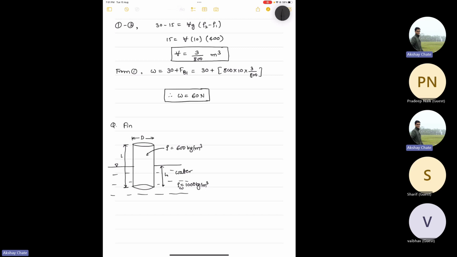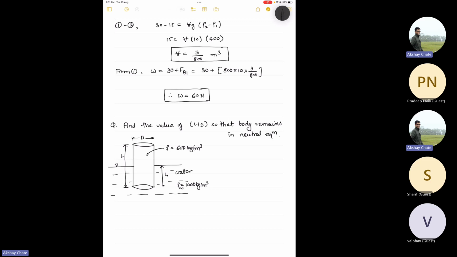Find the value of L by D ratio. L is the total length and D is the dia of the cylinder, so that body remains in neutral equilibrium. So this is the question.